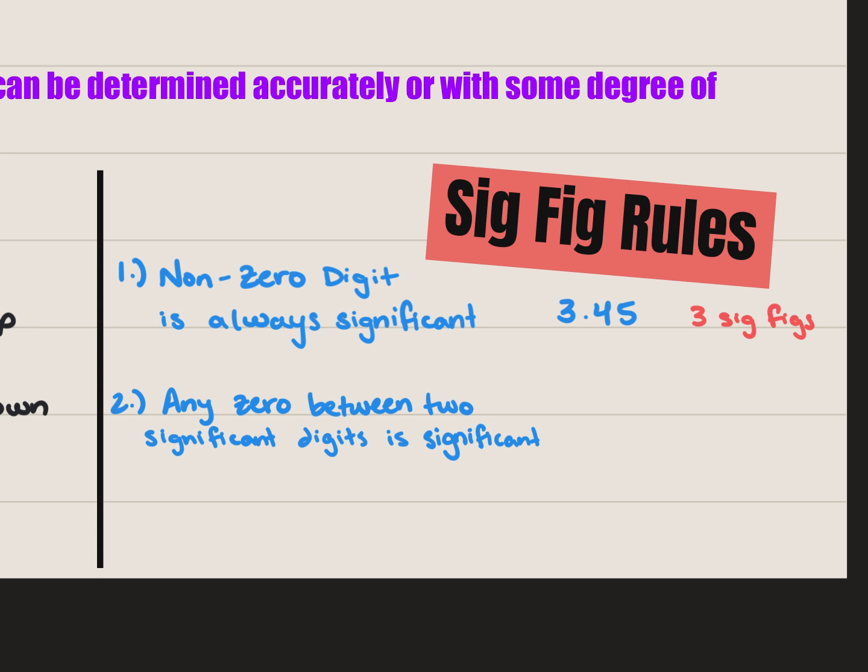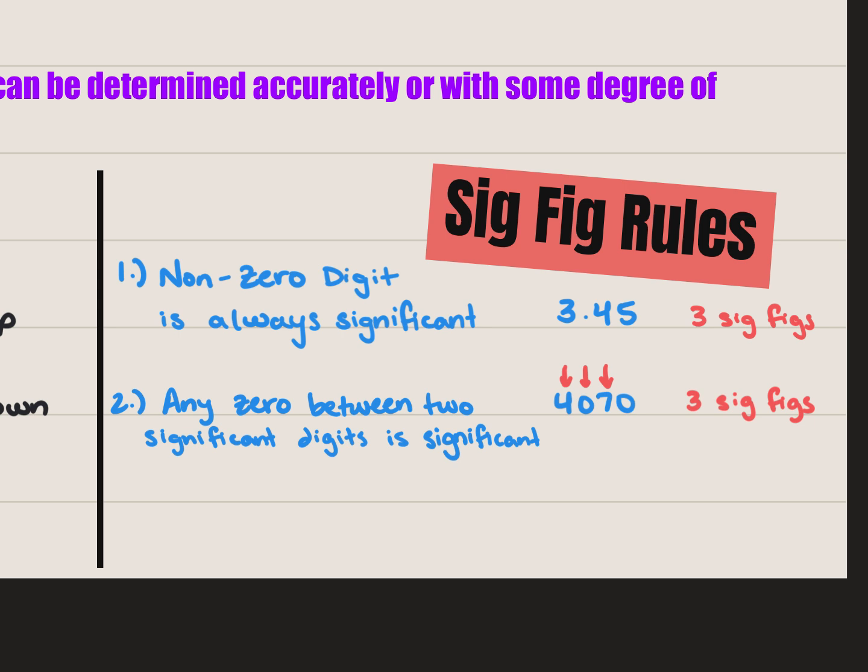For example, if I had something like 4,070, both the 4 and the 7 would be considered significant because any non-zero digit is always significant. And this 0 would be considered significant because it is between the 4 and the 7. So in this case, this would also have 3 significant figures. This trailing 0 here at the end is not considered significant. There is a time when they are, and we're going to go through that next.